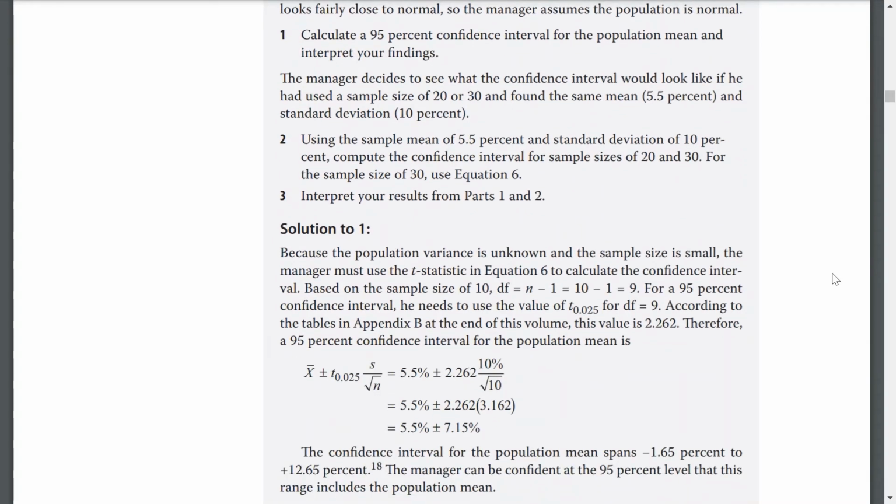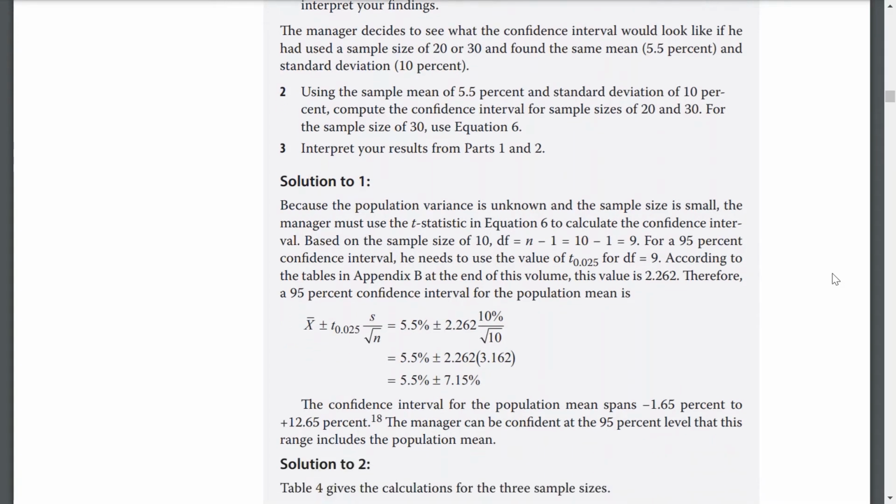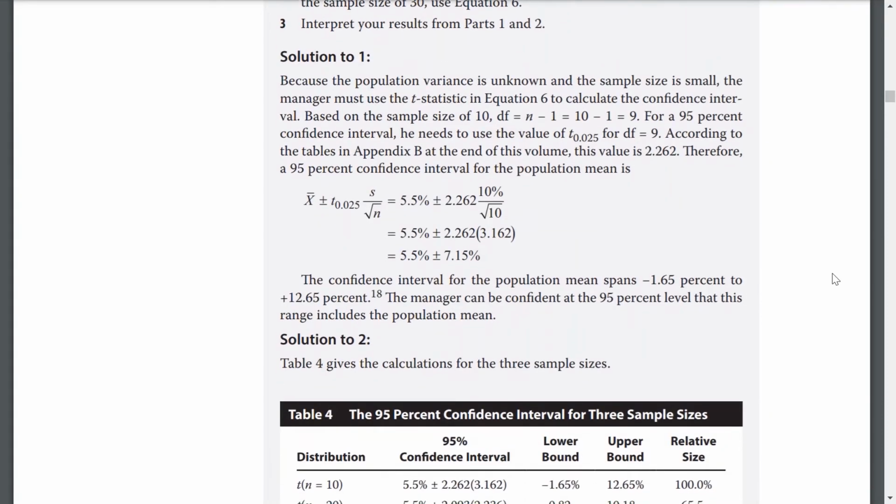Solution to 1. Because the population variance is unknown and the sample size is small, the manager must use the t-statistic in equation 6 to calculate the confidence interval. Based on the sample size of 10, df equals n minus 1, 10 minus 1 equals 9. For a 95% confidence interval, he needs to use the value of t at 0.025 for df equals 9 according to the table in Appendix B. This value is 2.262.